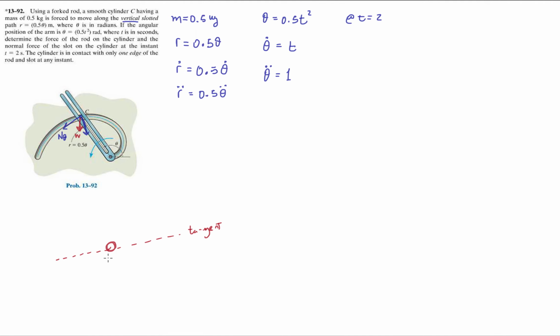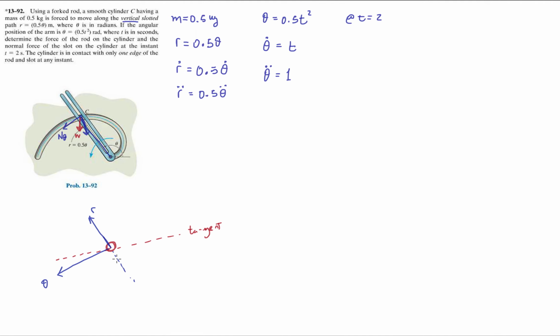Okay, and then I'm going to have my coordinate system like this. This is theta, and this is the radial axis, r. Remember, r always just extends along towards the position of the particle, so that extends out.